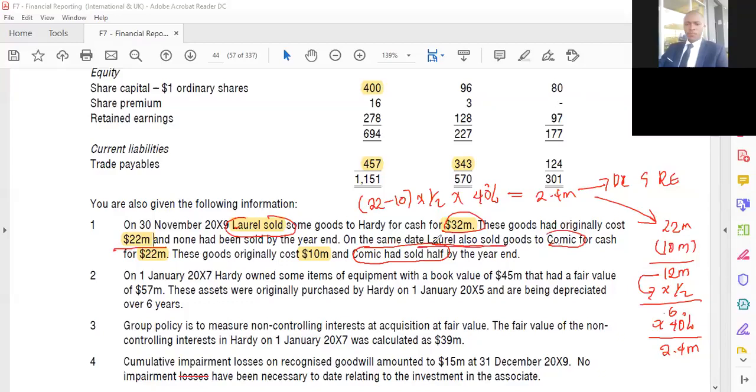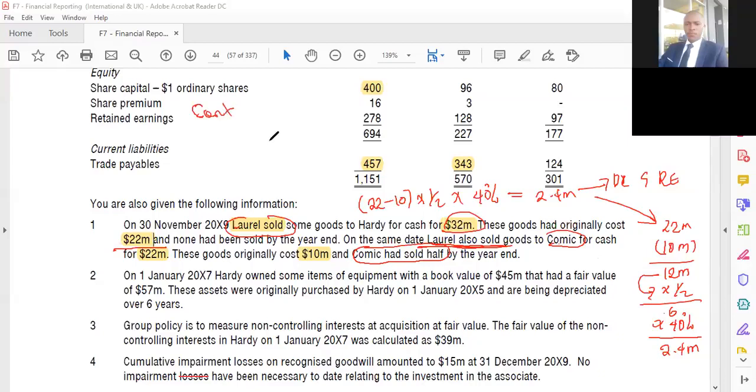So when you are the parent of the company, remember the control principle, selling both to the subsidiary and the associate. Why do we remove that money? Because you know the control principle.